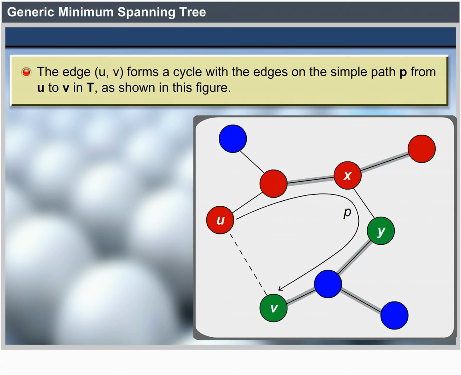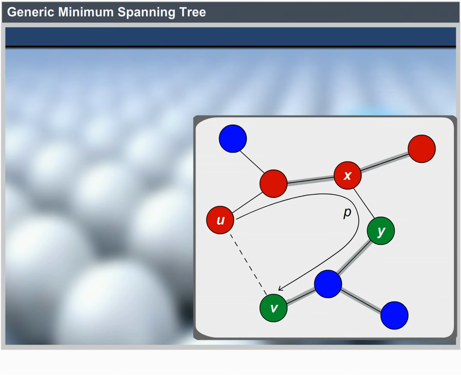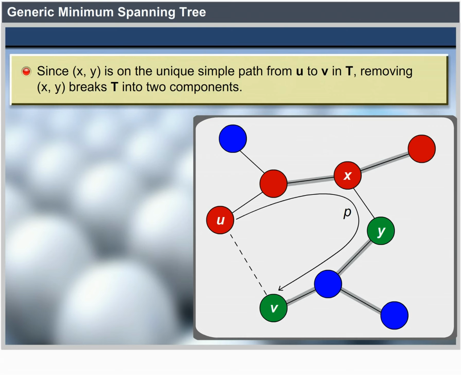Since u and v are on opposite sides of the cut (S, V minus S), at least one edge in T lies on the simple path P and also crosses the cut. Let (x, y) be any such edge. The edge (x, y) is not in A because the cut respects A. Since (x, y) is on the unique simple path from u to v in T, removing (x, y) breaks T into two components.